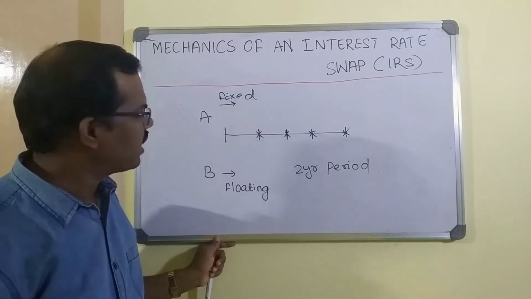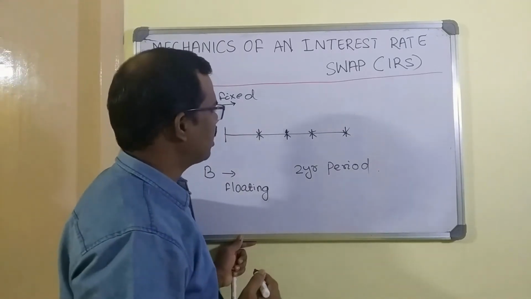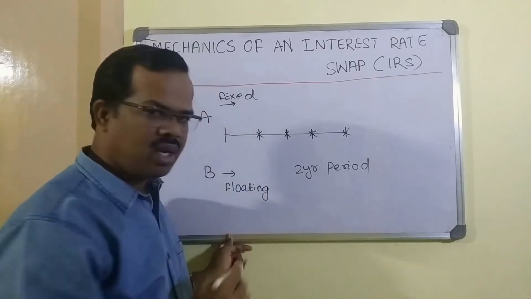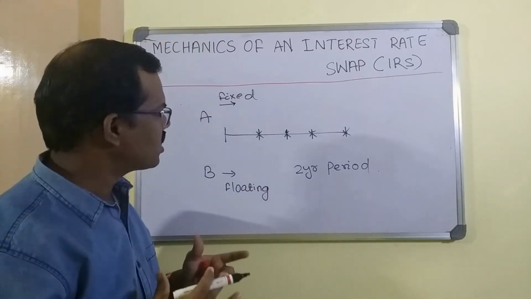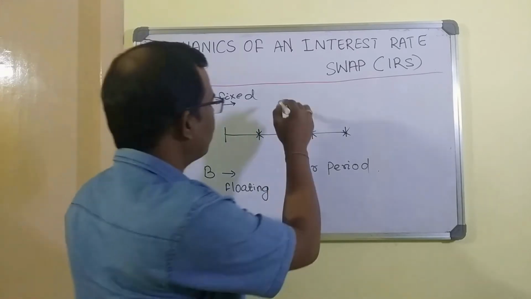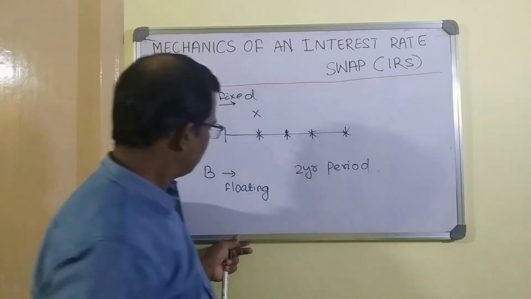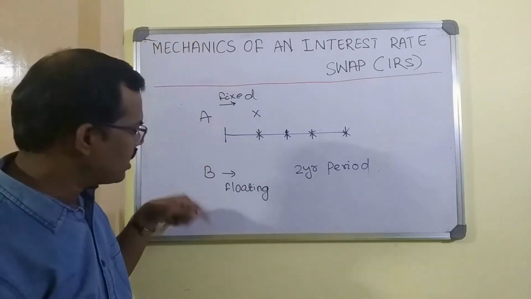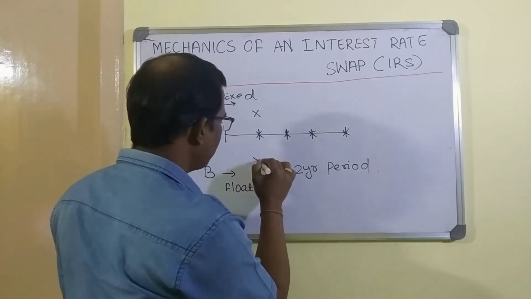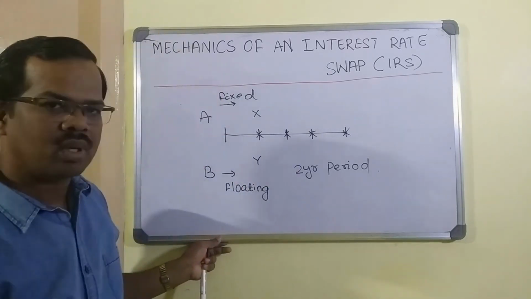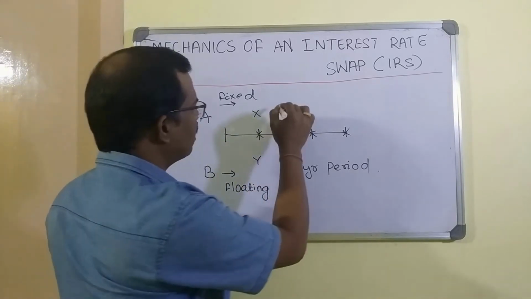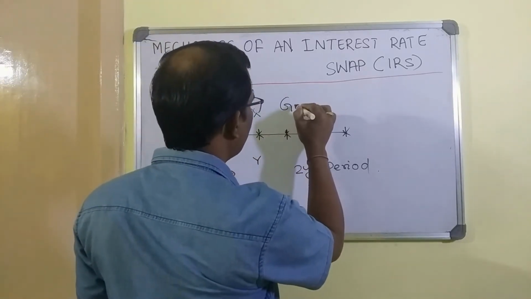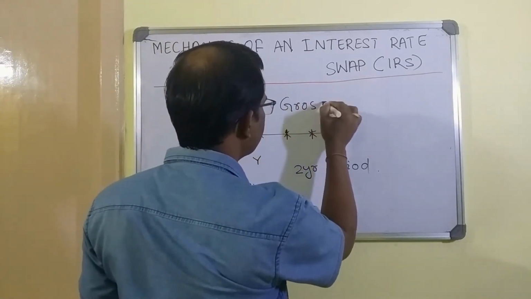This exchange can happen in two ways. A can pay the entire interest amount, let's say X, to B and receive Y amount from B. In this case, the settlement type will be called gross settlement.